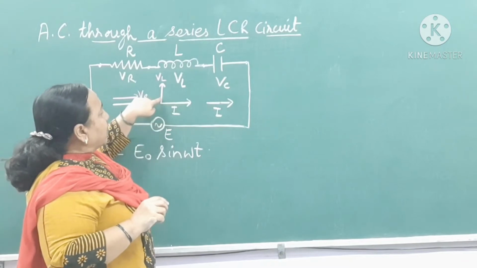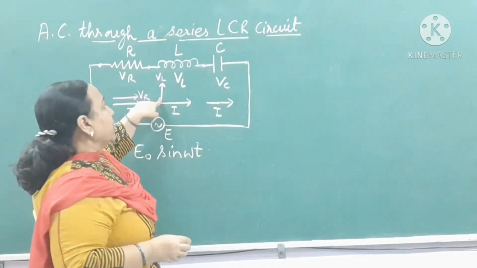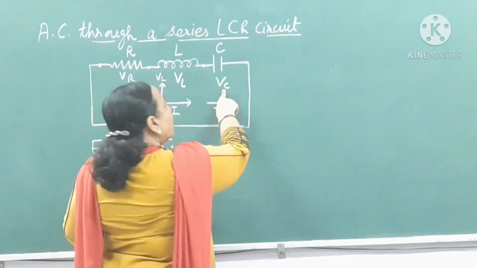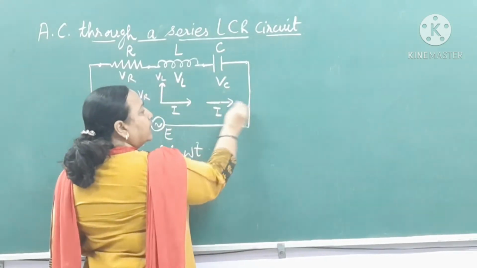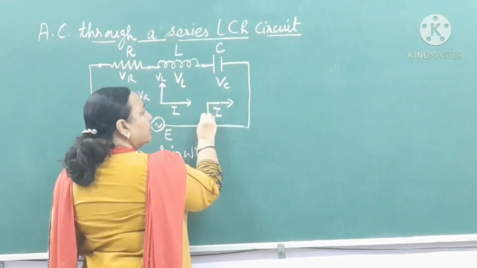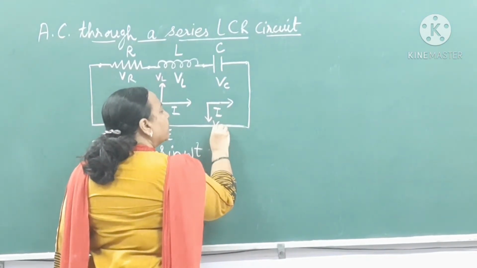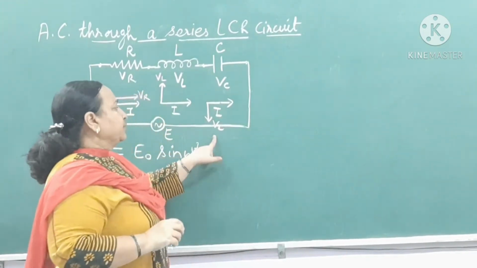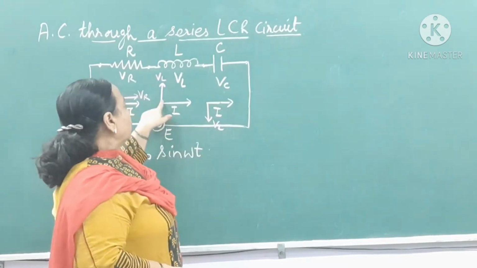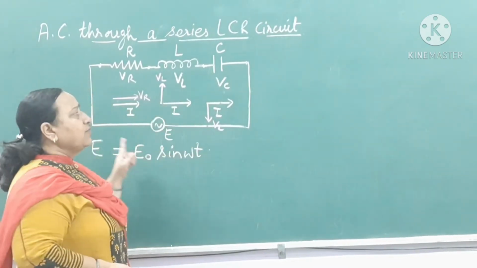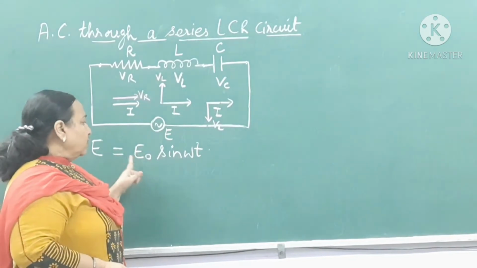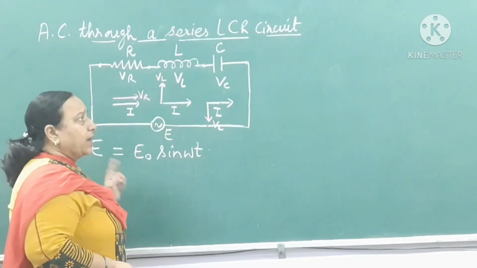It leads the current by a phase of pi by 2. And in the case of a capacitor, the current is the leader, so the voltage developed will be 90 degrees behind the current. The voltage is lagging behind. So these are the three vectors which we have obtained for this instantaneous supply.